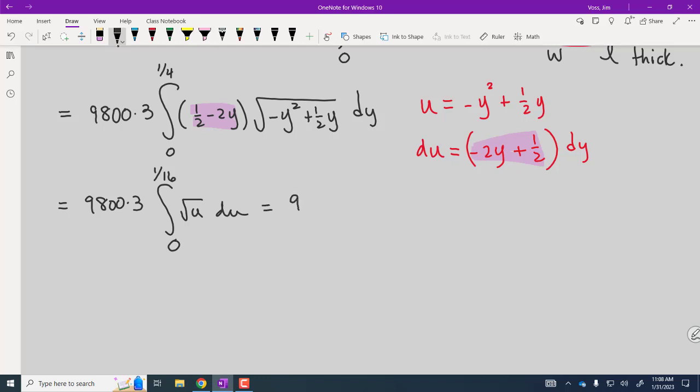So we'll end up integrating that with the power rule. So we'll have u to the 1/2. Add 1, we get u to the 3/2. Multiplied by 2/3. And that's going to go from 0 to 1/16. And so in this case, we see that, oh yeah, there was no point in multiplying the 3 across because they're just going to cancel anyway.